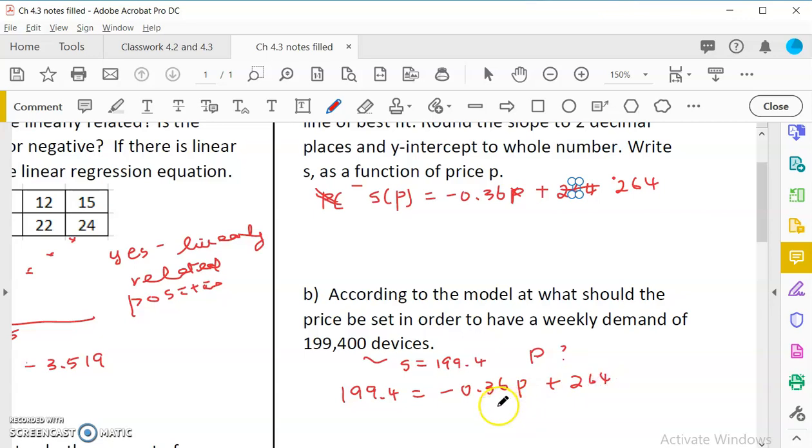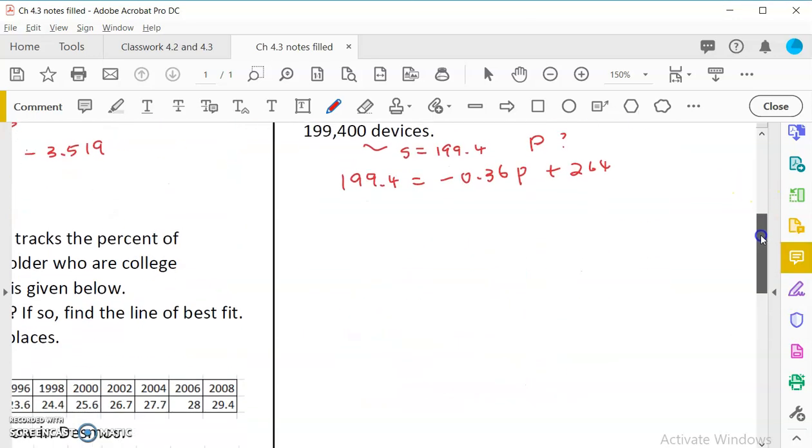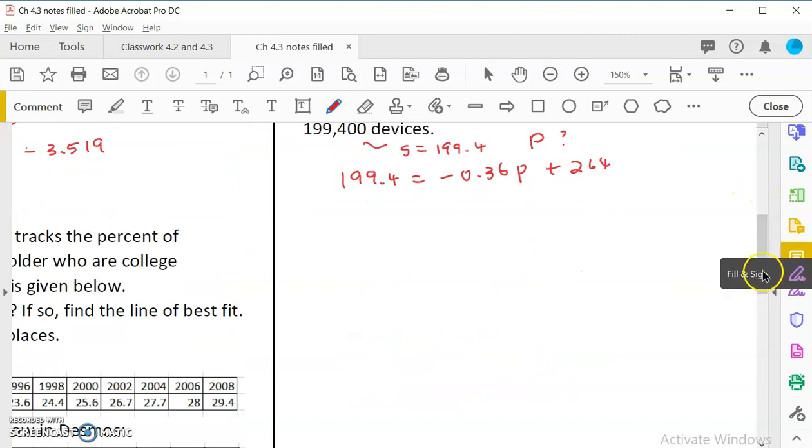So you subtract 264 on both sides, leaving negative 0.36p. Sometimes you use it to predict demand, but in this case you have a demand in mind and you want to use it to find out what price you would set.